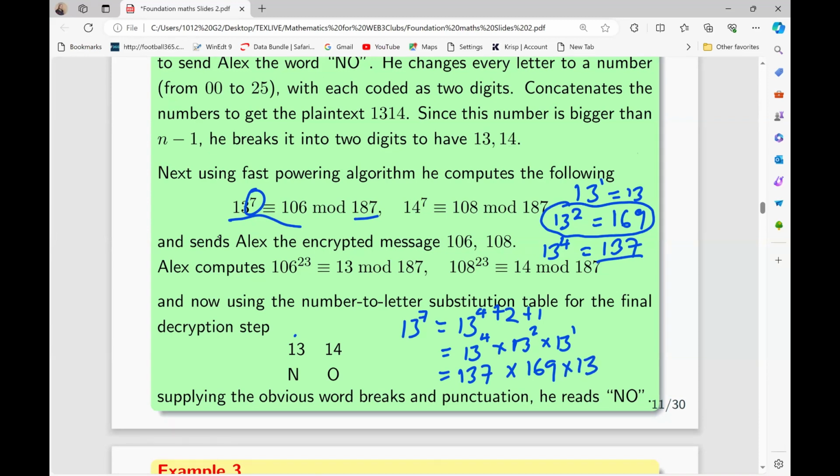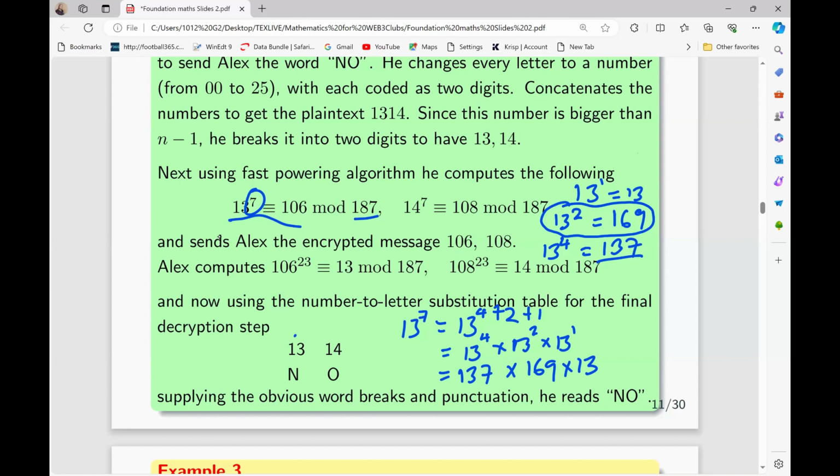Get this product and divide it by the mod, which is 187. So let me get the product. 137 times 169 times 13. I'm getting something like 300,989, divided by the mod, which is 187.